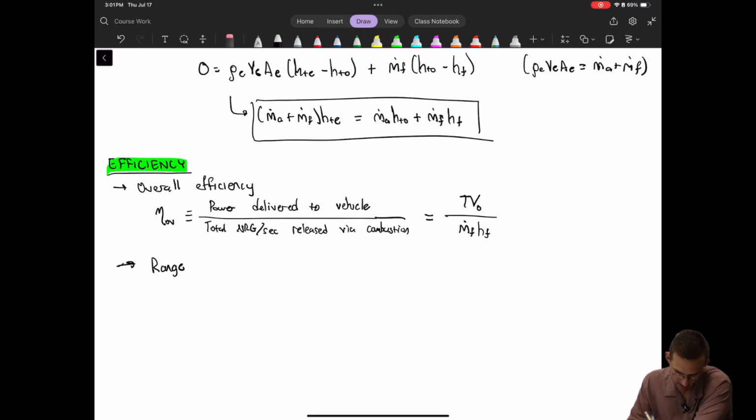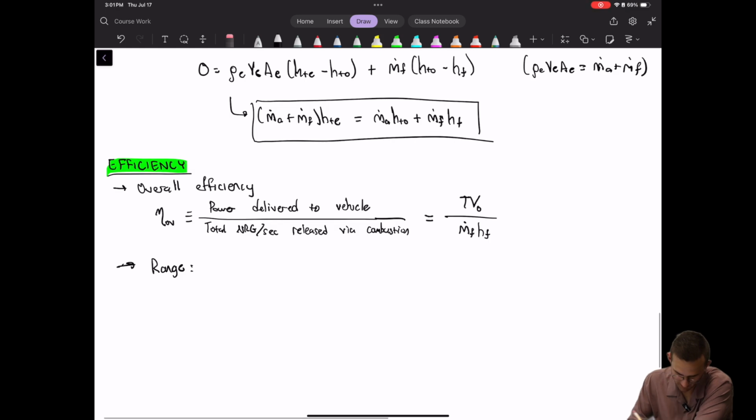So if we make two assumptions, the following assumption: that the lift over drag and the overall efficiency are constant, or both of those are constant.